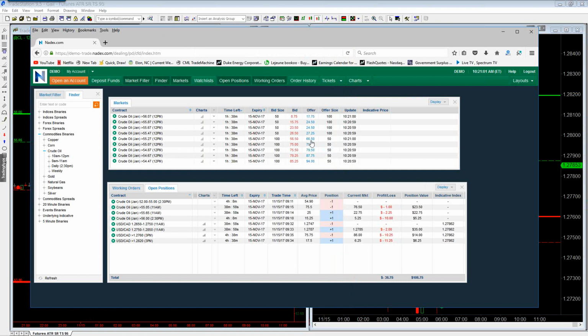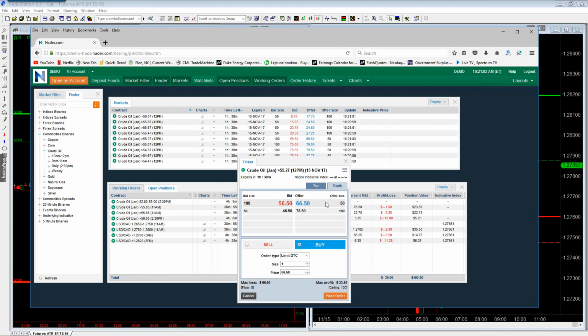Okay, so if I wanted to buy that, I could just click buy or the offer. Do you see how it's highlighted buy? And it tells you on the ticket right here, you're going to risk $66.50 and your maximum profit is $33.50 if you allow this to expire and it is greater than 55.27 at expiration, which is at noon. Does everybody understand that?